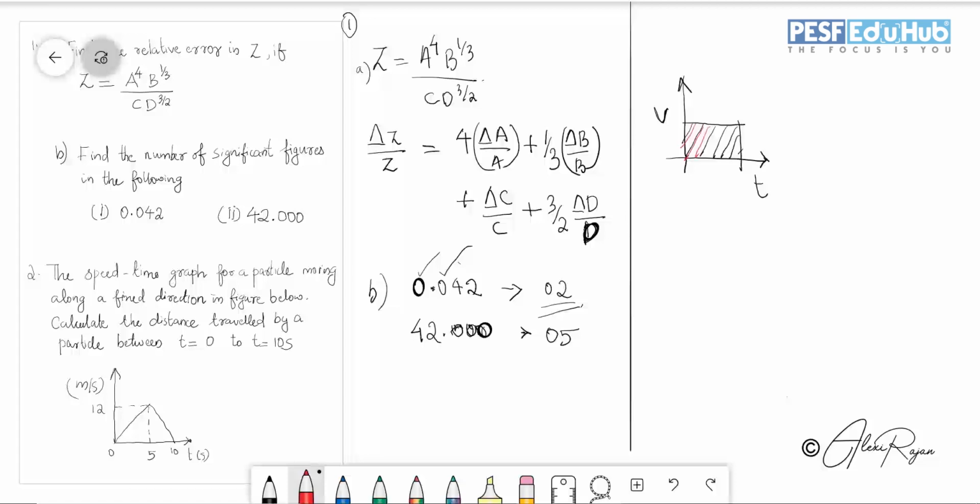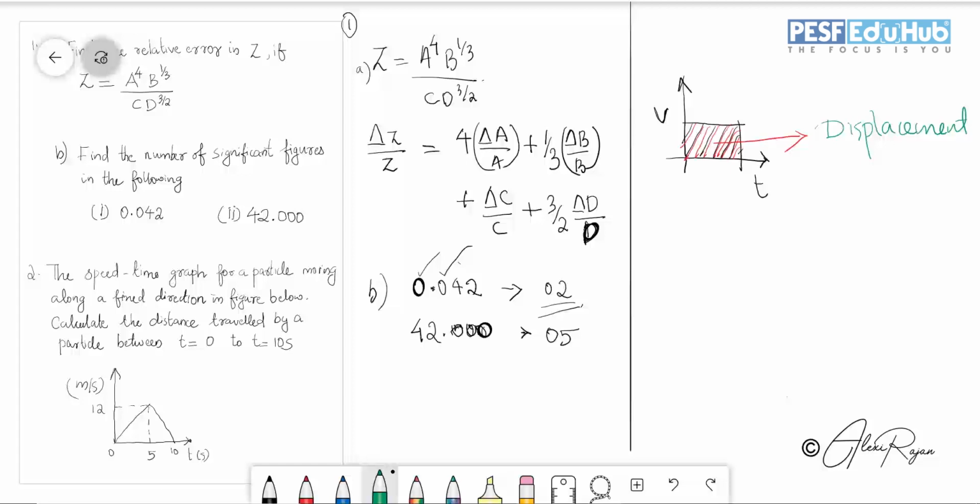Let me take a different color. This is the area subtended by the graph, right? If you are finding the area, what quantity will this area give you? It is a displacement, as it is a velocity time graph. If it is a speed time graph, it will be a distance.